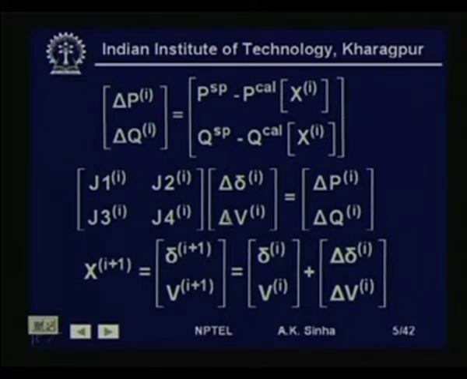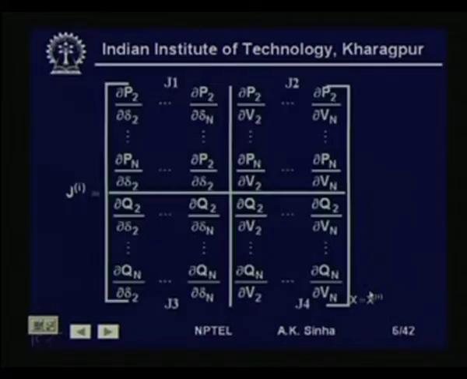So, once we get this delta x at ith iteration, then we can find out x at I plus 1th iteration, that is delta at I plus 1th iteration and V at I plus 1th iteration is equal to whatever was the value of delta and V at ith iteration plus the change which we have computed just now, that is delta delta at ith iteration and delta V at ith iteration.